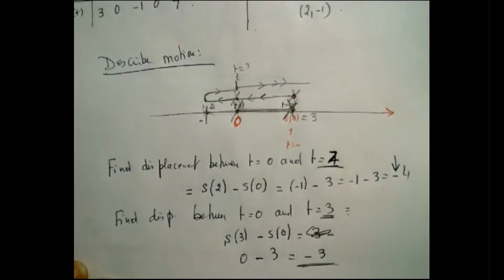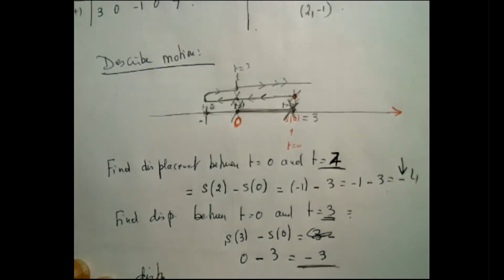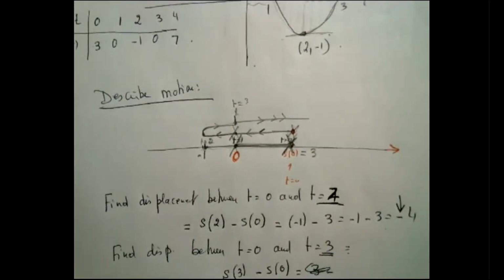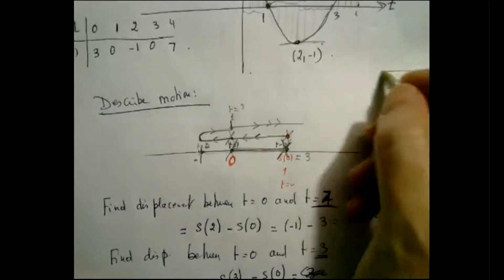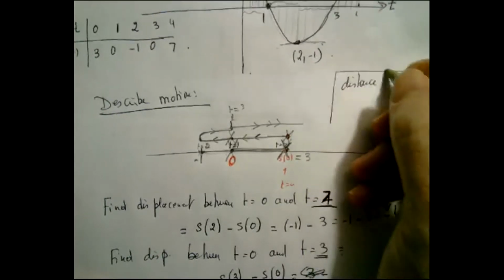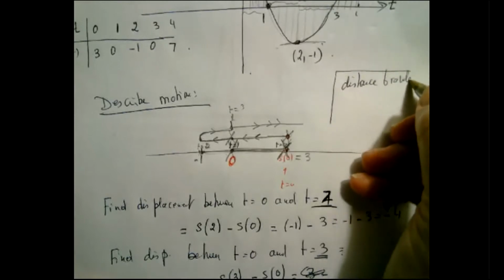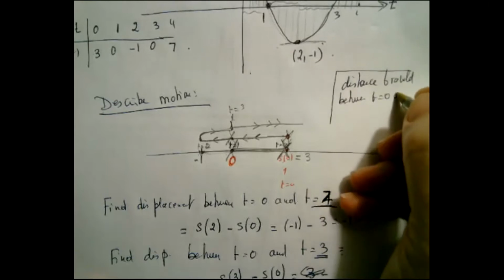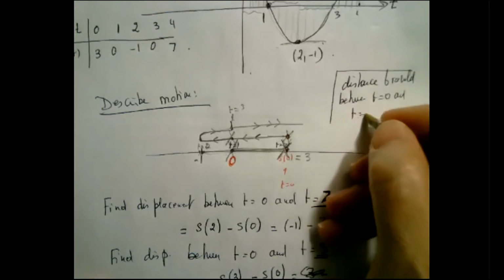So suppose now I ask you, find the distance traveled. What will be your answer? Suppose the question is, find the distance traveled between t equal to 0 and t equal to 3.